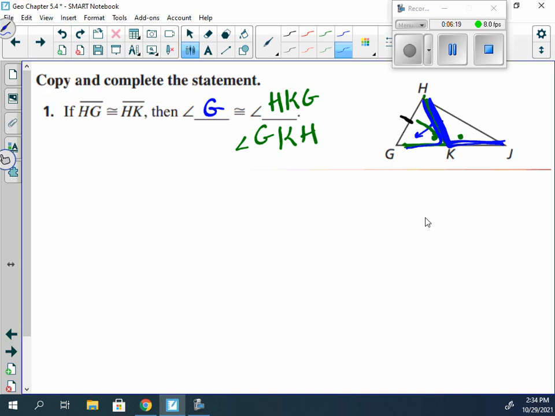We need that one over there, because we said that these two were congruent, so it means that this angle and this angle are congruent. HKJ would be this one over here, not the one we want. Which part?